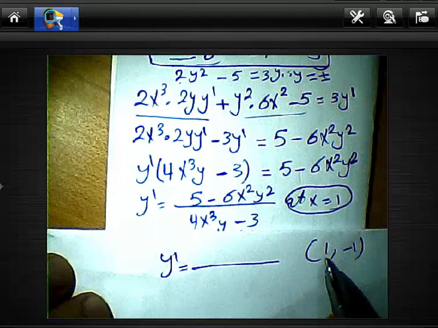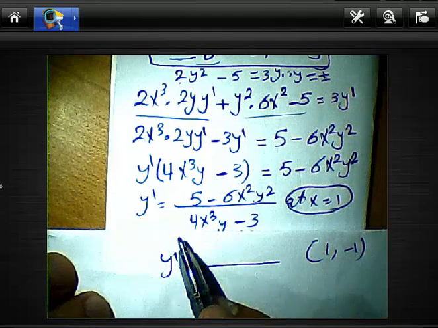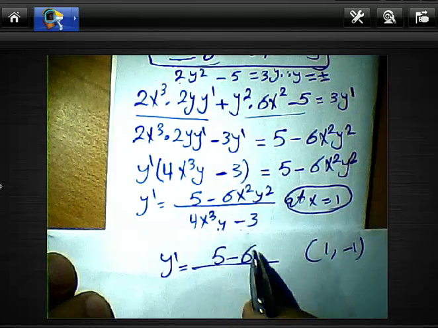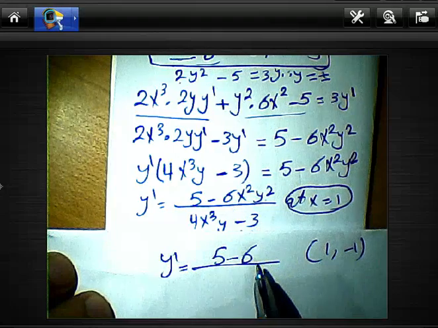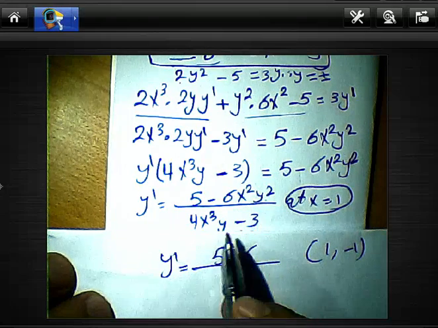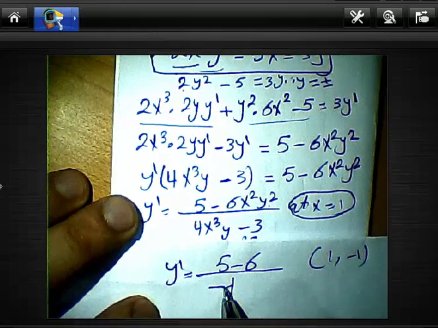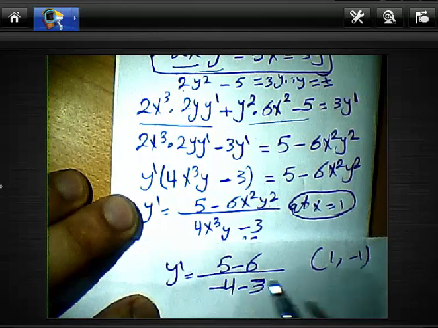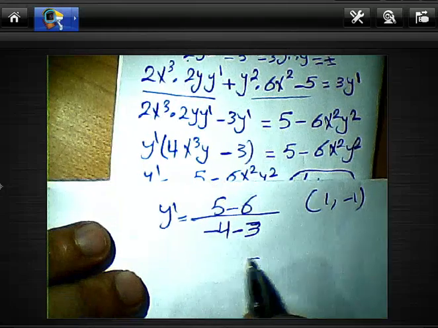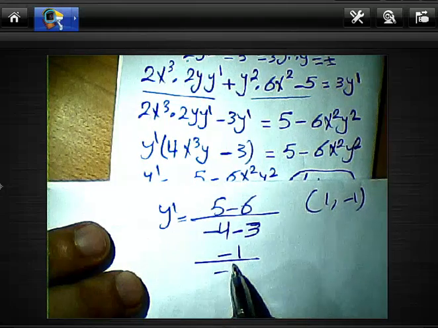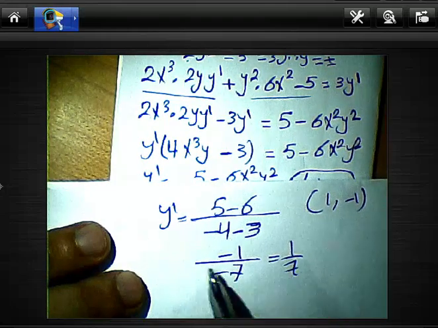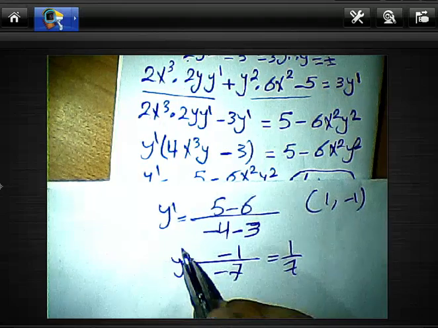X will be 1 and y negative 1. So y dash equals 5 subtract 6 multiply 1, 1 multiply 1. 4 multiply 1 multiply negative 1 will be negative 4 and negative 3. 5 subtract 6 equals negative 1 over negative 7, equals 1 over 7. So it's y dash.